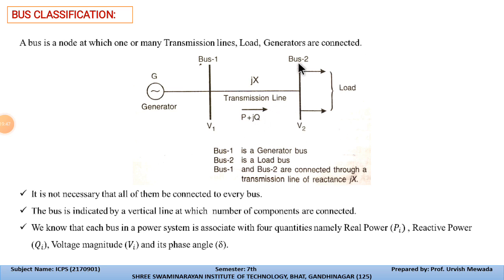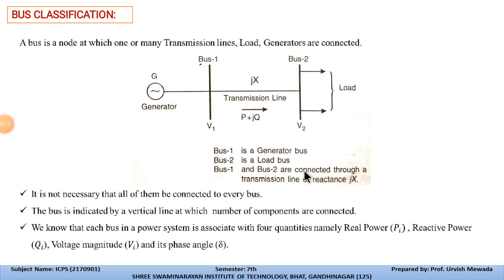Then we have bus number 2, the voltage of bus number 2 is V2, and two lines are connected with the load. So from this we can see that the one or many transmission lines, loads and generators connected together form what is called the bus.